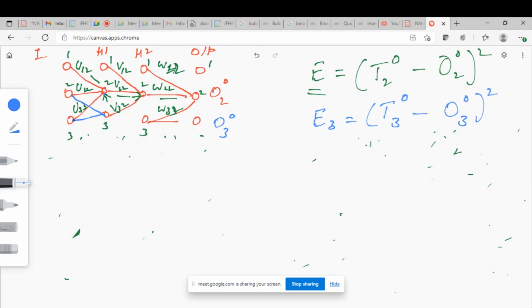Similarly, if you see this neuron is connected to here, it should also be connected to this neuron. Okay, fine.